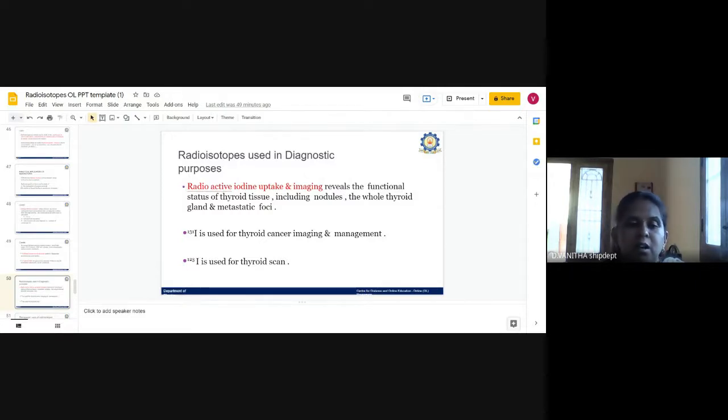Iodine-131 is used for thyroid cancer imaging and for management after the operation is over. It is also used for thyroid scans.